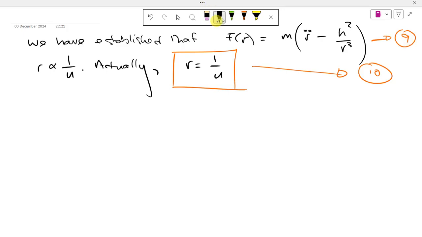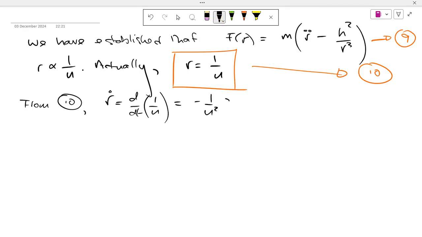So from equation 10, r dot is equal to d by dt of 1 over u, which is equal to minus 1 over u squared du by dt. Okay.